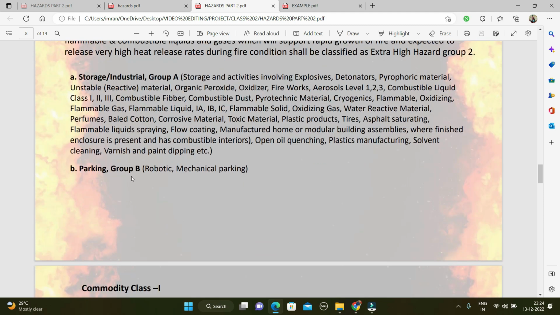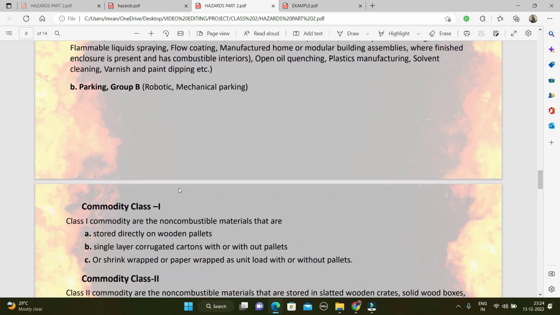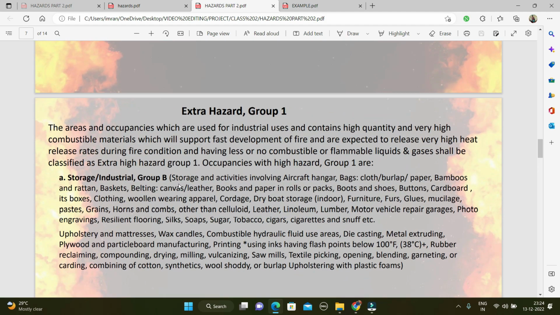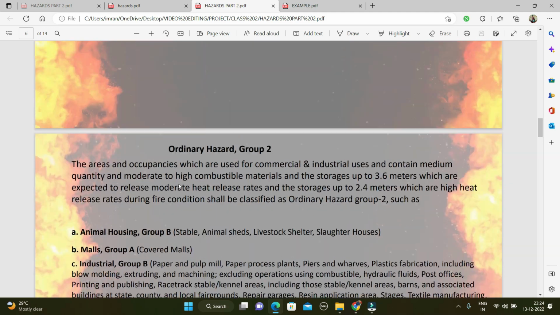So it will be considered as extra hazard group 2.